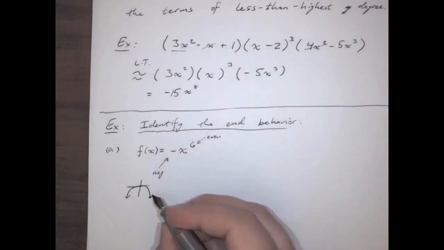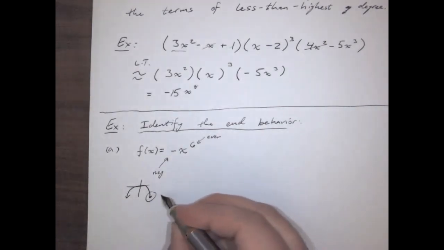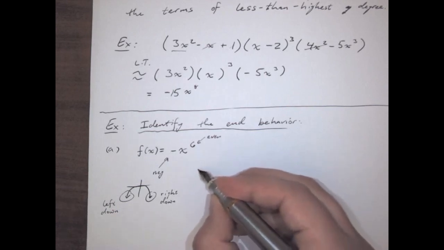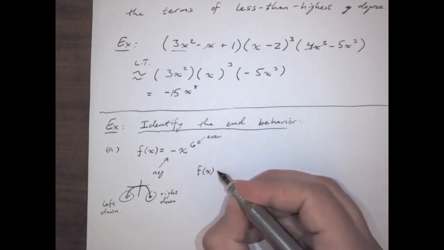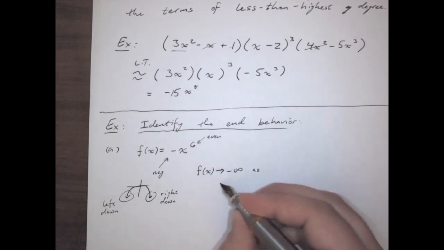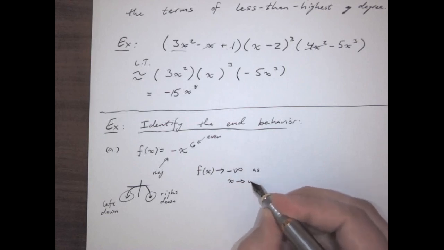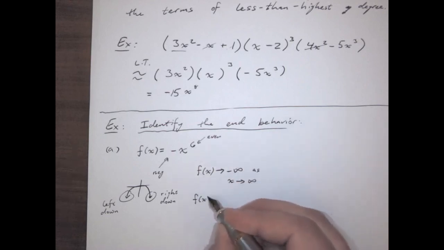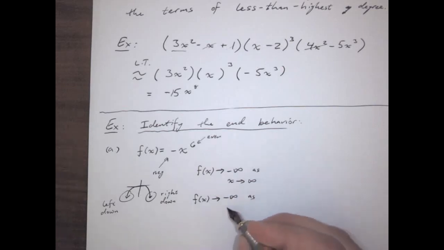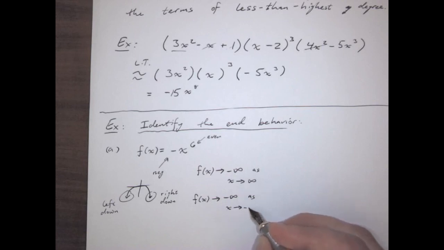So as x goes to the right, it goes down, and as x goes to the left, it also goes down. So the way we can write that is f of x goes to negative infinity, that means down, as x goes to positive infinity, and f of x goes to negative infinity, that's again down, as x goes to negative infinity.